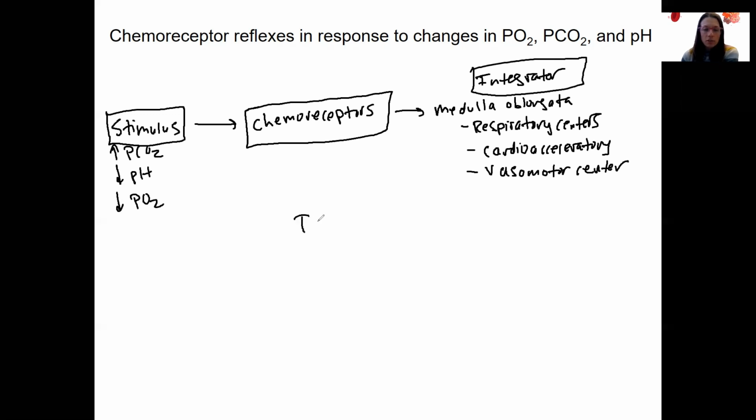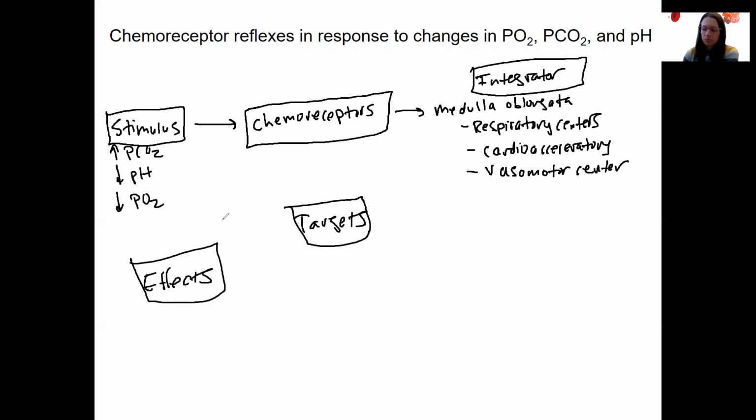Then we'll have targets and we'll have effects. Now I'm going to do these in different colors just to keep things straight. First, we'll do respiration. Respiratory centers of the medulla oblongata target our respiratory muscles, diaphragm, and external intercostals, others if needed.